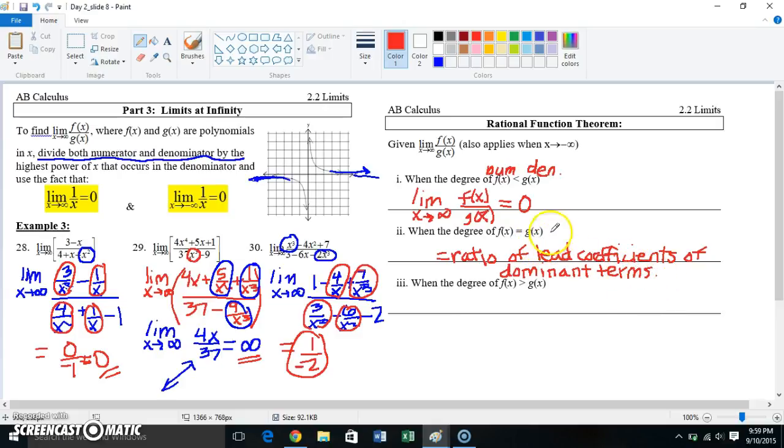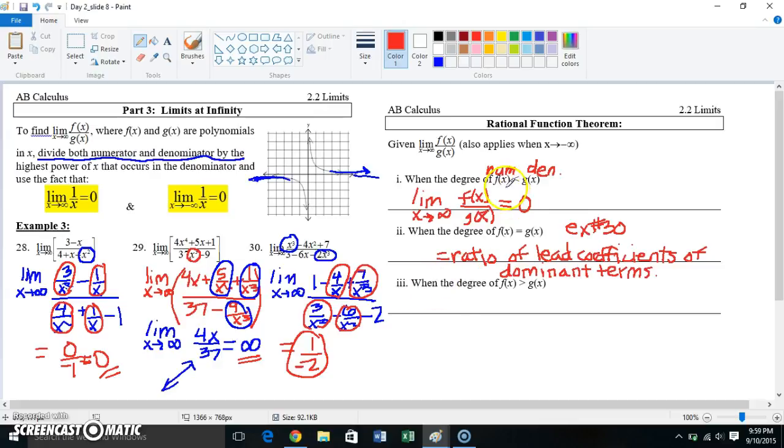This happens in number 30, where we have 1x cubed over negative 2x cubed, and we got the leading coefficients.